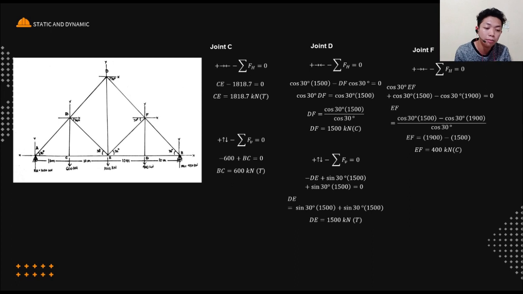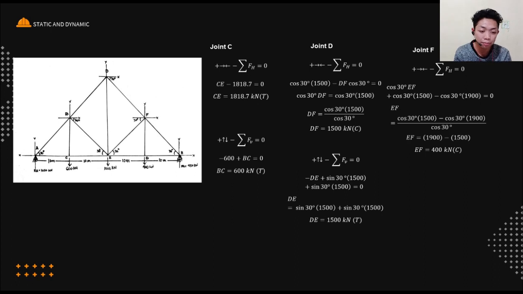Then, we have summation forces vertical, na kapag pataas is positive, then pagpababa is negative. So, yung DE natin is pababa, so magiging negative siya. Then, yung sine 30 degrees times 1,500 is magiging positive since pataas siya. Then, sine 30 degrees times 1,500, positive uli siya since pataas siya.